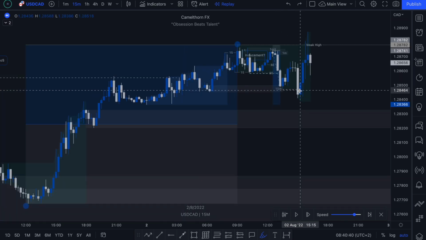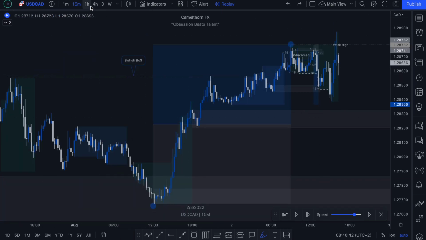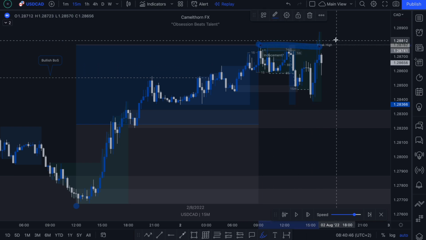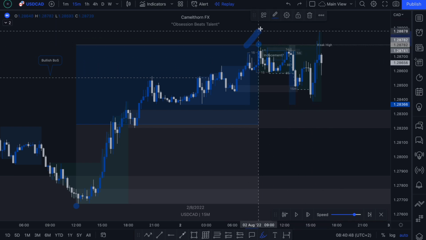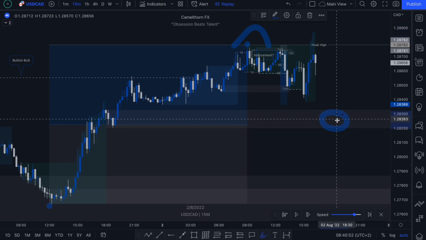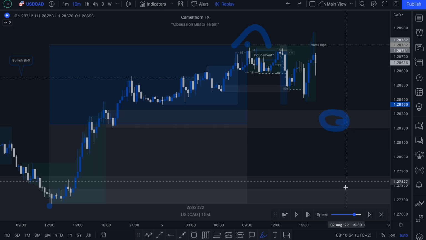So from a 1 hour point of view, if I just zoom out a little bit more, this is not a break of structure for me. This is just a liquidity sweep. My high is still in place. I'm still anticipating price action to potentially pull back towards here before continuing, right?